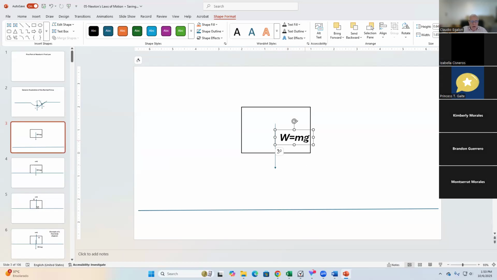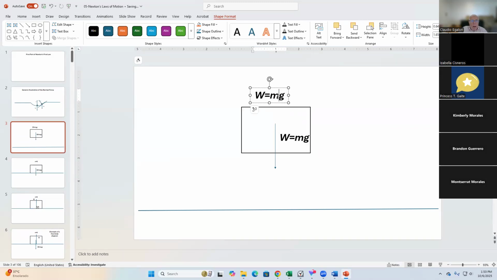The only thing that changes is the acceleration of gravity nearby the surface of the planet. m is the mass of the object, not the mass of the planet. Let me write that down here. m, here you go, is the mass of the object that's being subjected to this force.